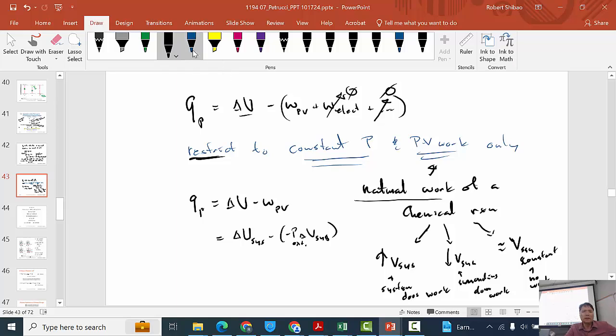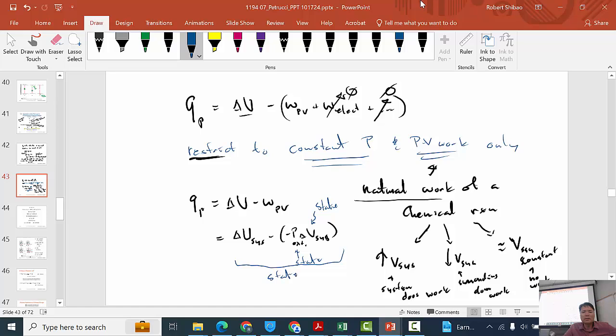Now, when we look at this, pressure is a state function. And volume, delta V, changes in volume, this is also a state function. The change in volume only depends on V final and V initial. And so these are all state functions here.